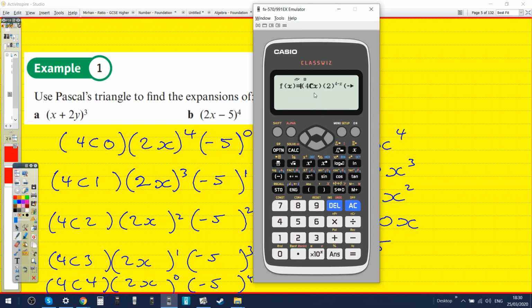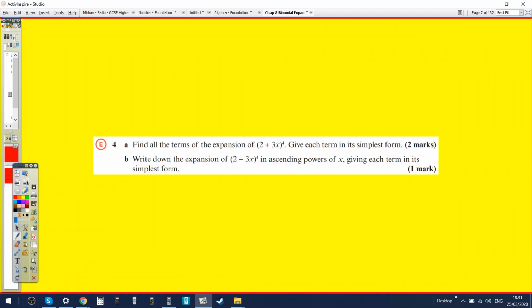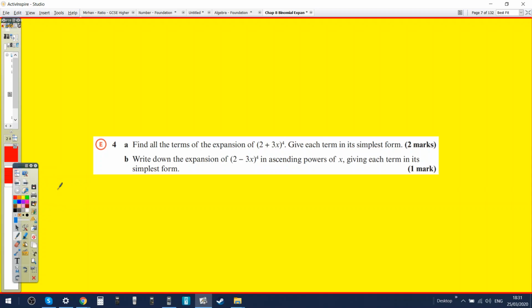So nobody does it this way, but I just thought I'd show it to you. So 4 choose x, and then the other one is to the power of 4 minus x, and that one is the power of x. Grand, you have to use that. Nobody uses that. Okay, let's see.